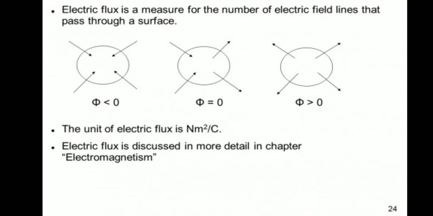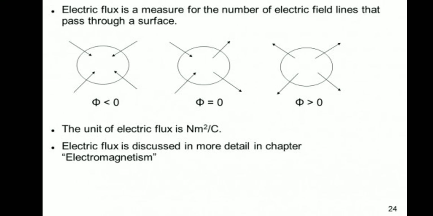Now look here, three figures are given. Look into the first figure. Since electric field lines are entering through this given circle, that indicates that Q is negative here, and hence the electric flux will be less than 0.